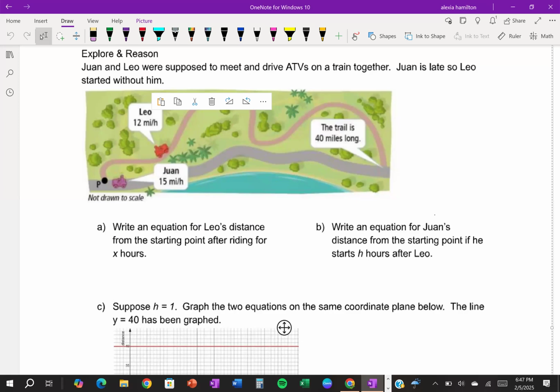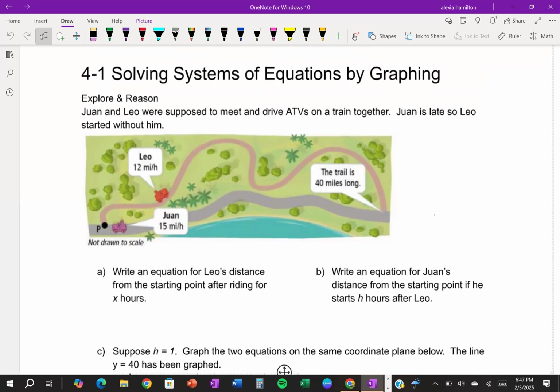Okay, my bad. Supposed to drive ATVs on a trail together. I need to fix that because that's going to bug me. Trail. Juan is late, so Leo started without him. Juan is late, and there's Leo.